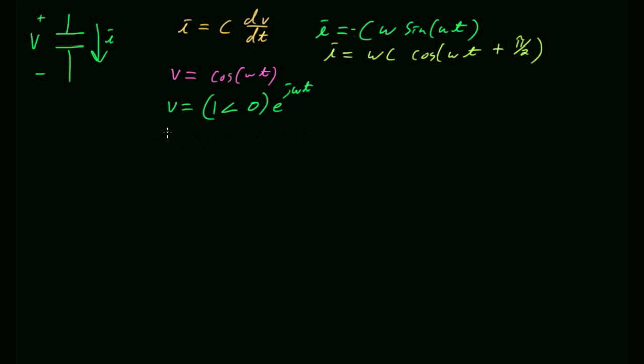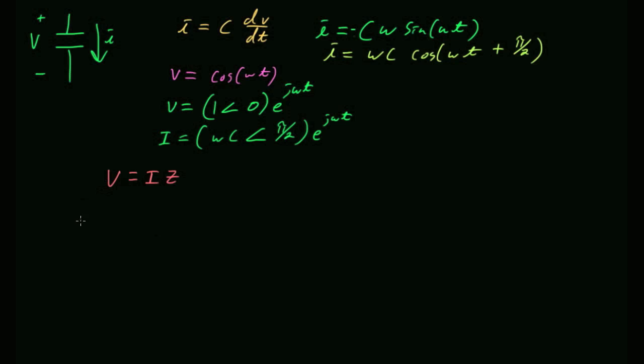And for my current, I've got an amplitude of omega C and a phase angle of pi over 2, e to the j omega t. You with me? All right, what's the last step? V equals Iz.